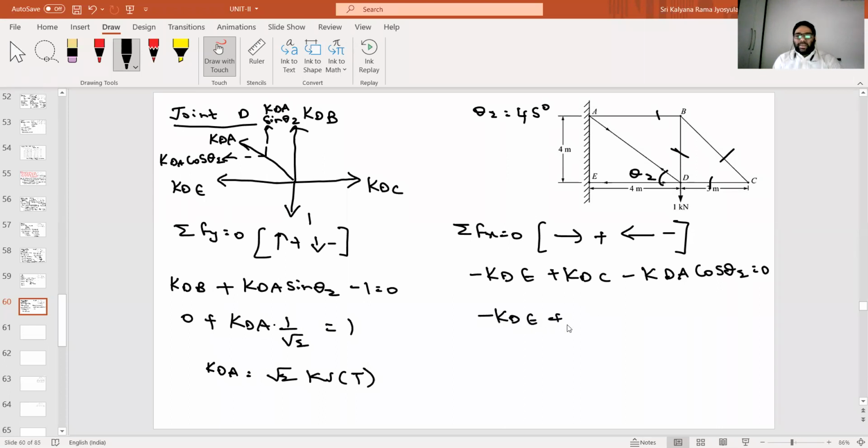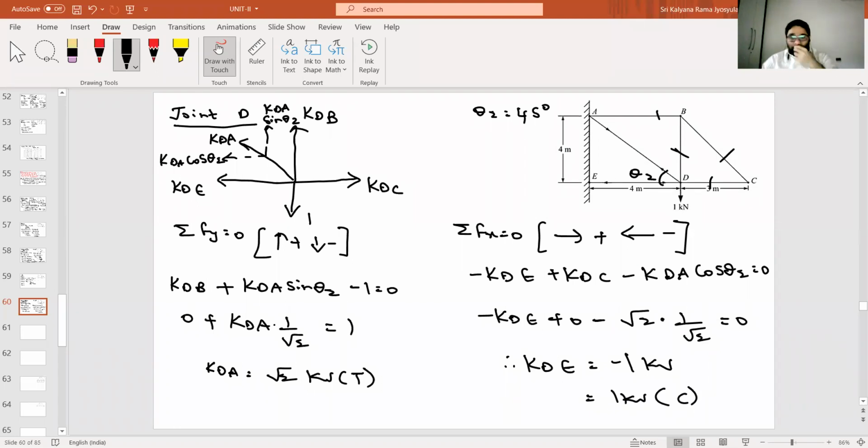So minus KDE plus 0 minus root 2 into 1 by root 2 is equal to 0. Therefore KDE is equal to minus 1 kilonewton, or 1 kilonewton compression. Now we got all K's and we got all P's.